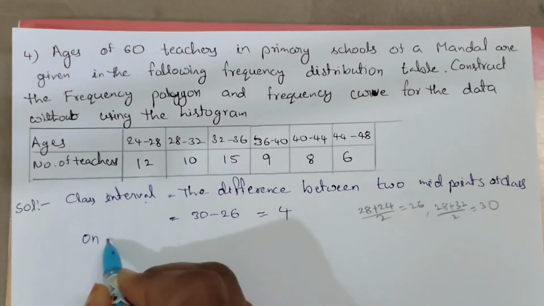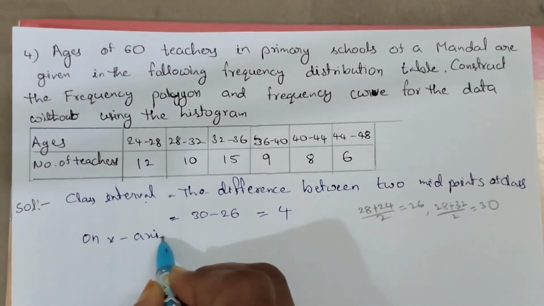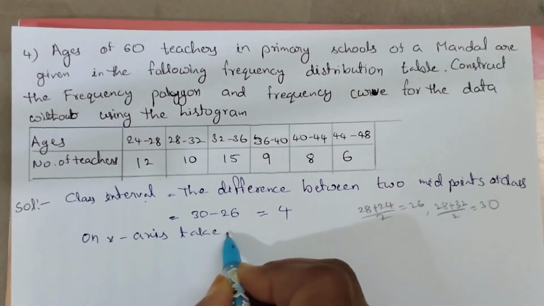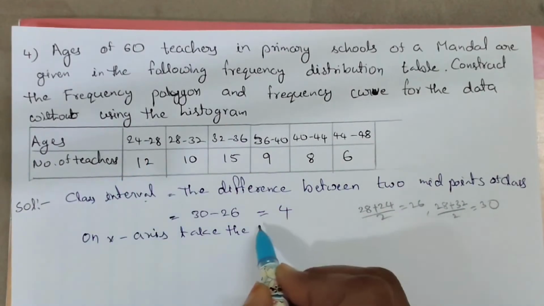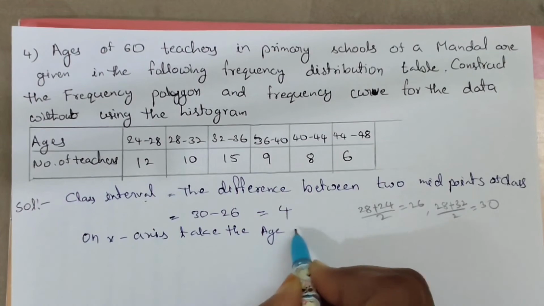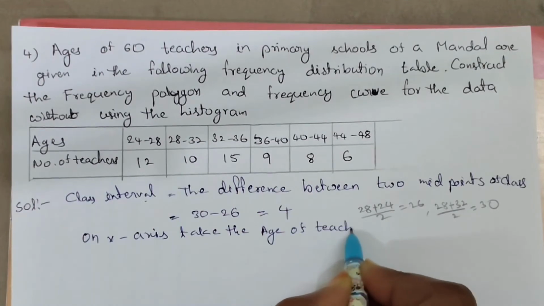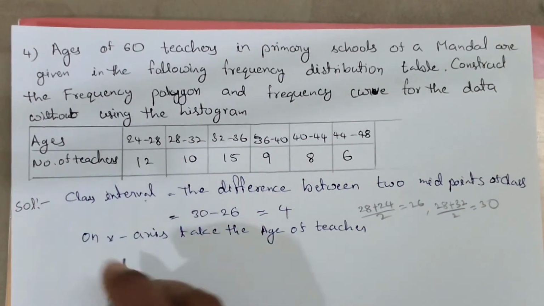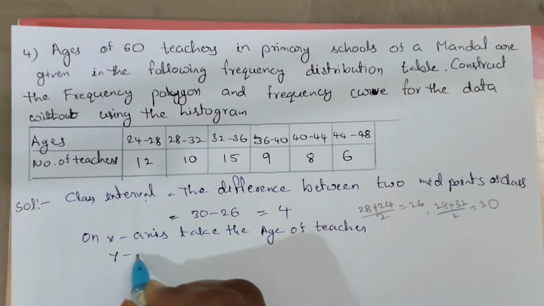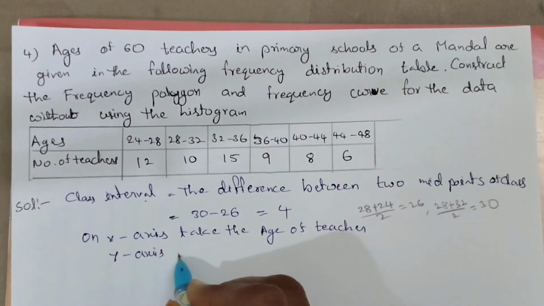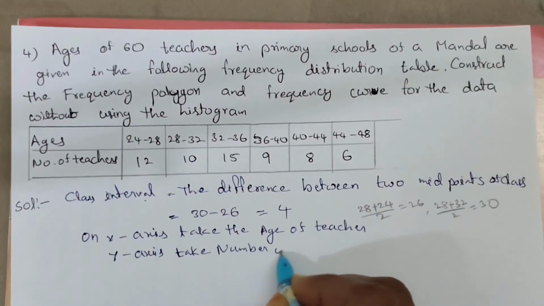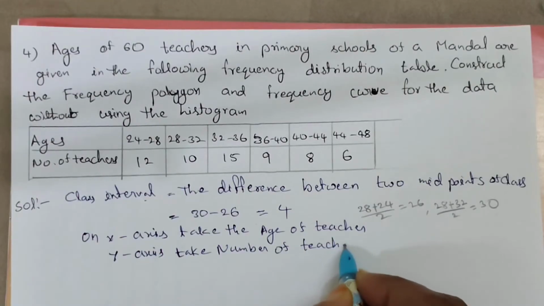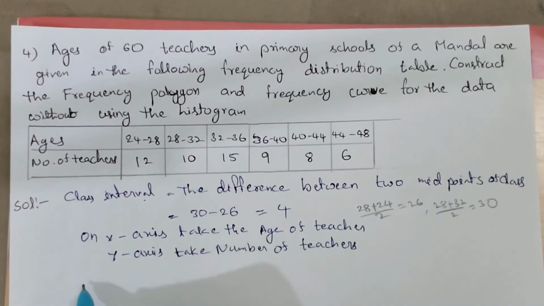Next, on the x-axis we take the age of teachers. On the y-axis, the number of teachers. Now we write the scale.